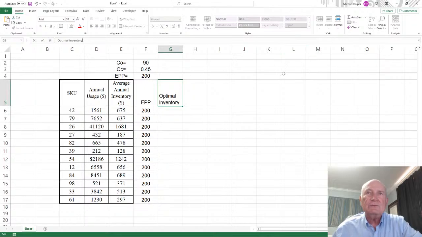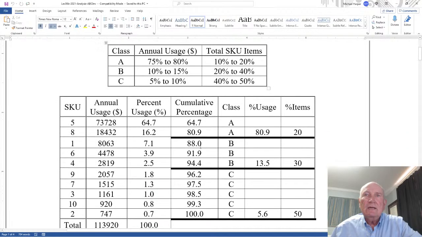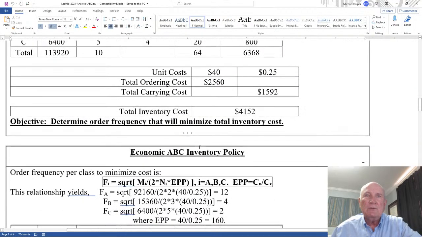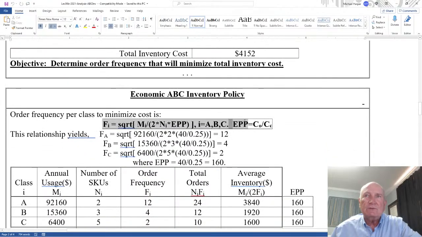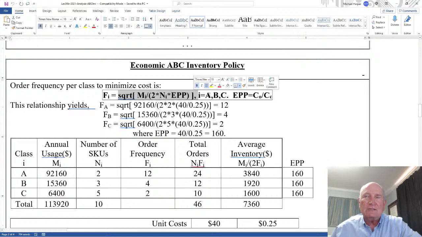Well, here we have to do some calculations. Let's bring up the lecture notes. And coming down here, we know that's the optimal frequency. We know the average inventory is M over 2F, where M is the annual usage, over 2 times the frequency, where the frequency equals this.